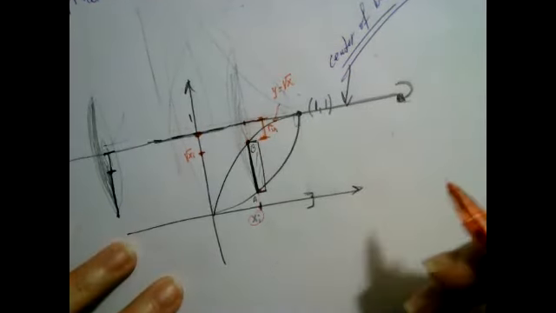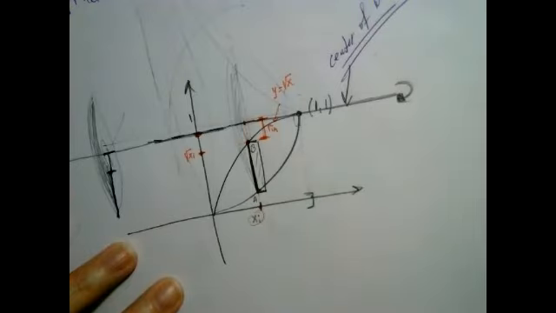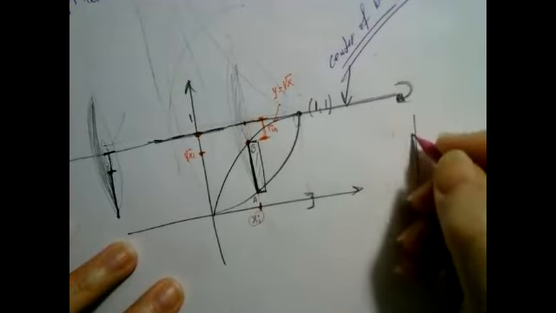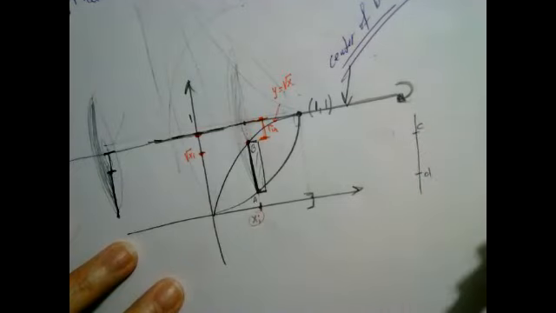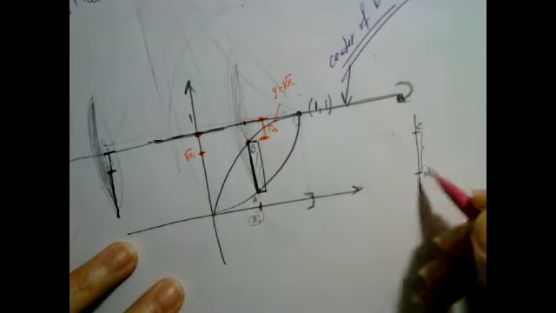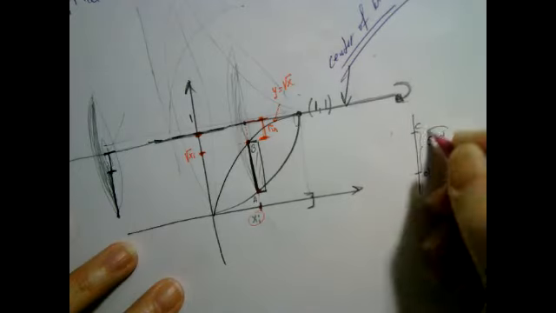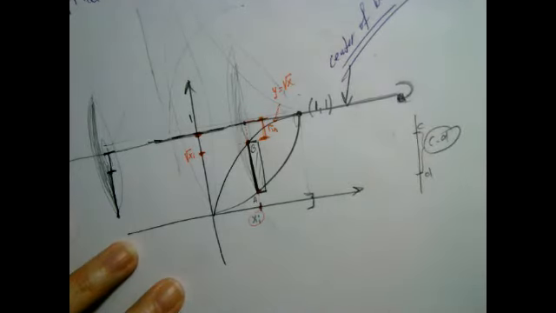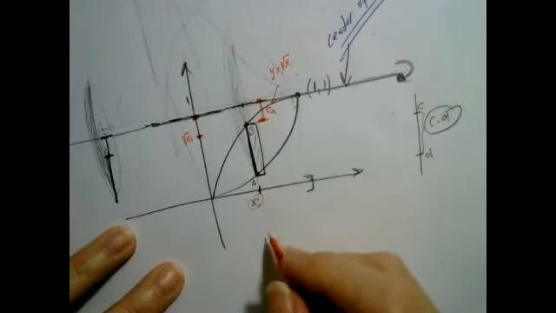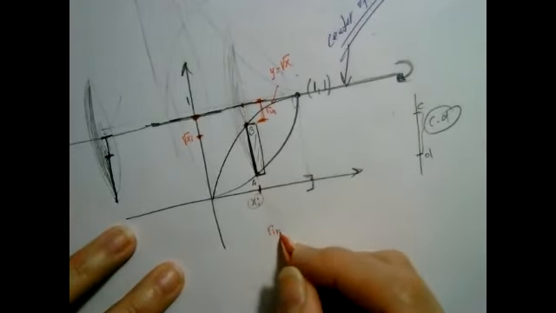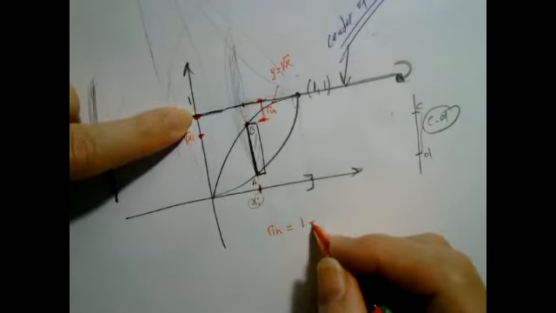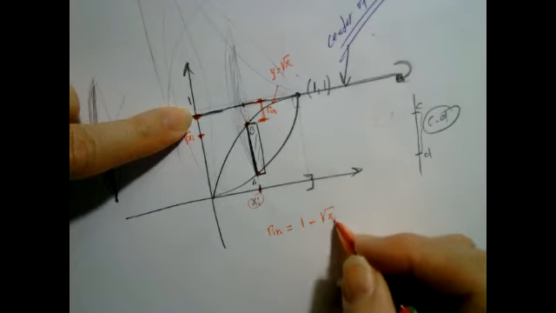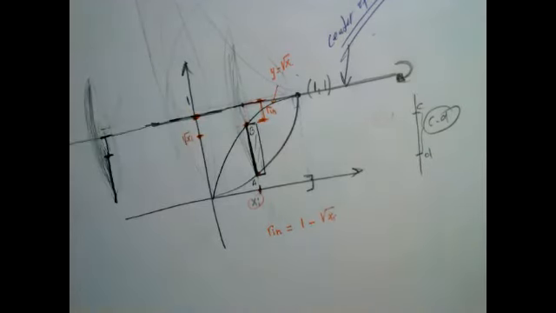Remember, if you have any 2 points on a vertical line, let me call them C and D, the distance between them is always the upper value minus the lower value, whatever the points are. So what's going to be the inner radius here? 1, not plus, minus the square root of xi, this little distance from here to here.